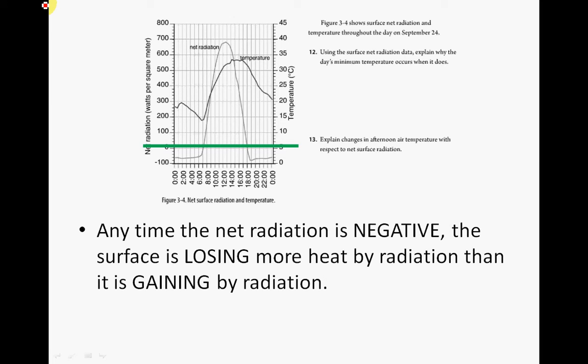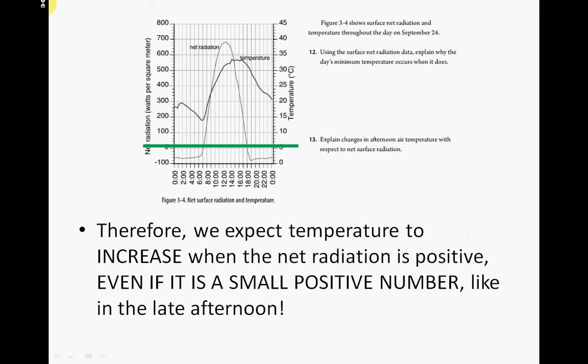So for example, we expect the temperature to increase when net radiation is positive, even if it's a small positive number. If you look at this graph, in the late afternoon net radiation is actually not that high. It's a positive number though. It isn't as high as it was at noon. You might be confused as to why the temperature keeps going up. Well, even though the net radiation isn't all that big, it's still positive.